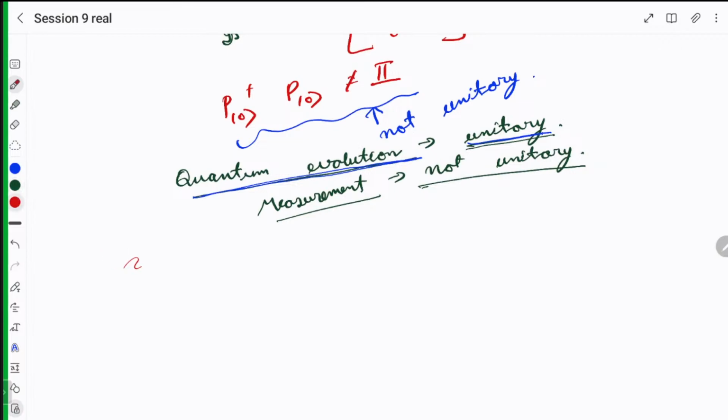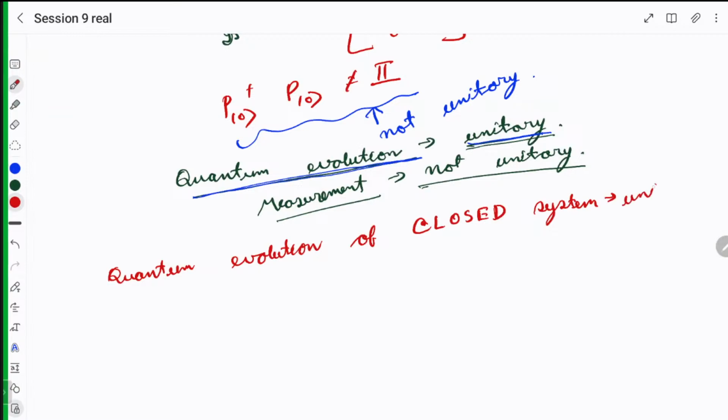So the quantum evolution of a closed system would be unitary. But when we do a measurement, the system interacts with the measurement apparatus, and then it is no longer unitary.